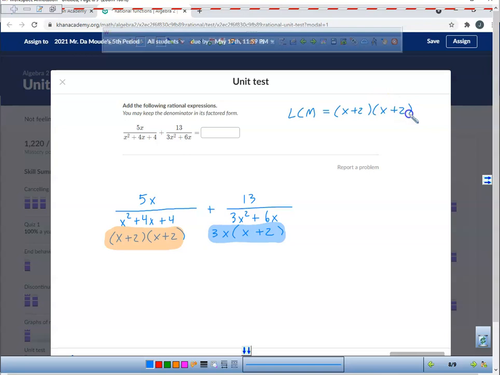They can't just have one of them. Now, what else does this guy have that this guy does not have? 3x. So guys, the least common multiple between these two denominators is an x plus 2, an x plus 2, and a 3x. That's what our denominator is going to be.